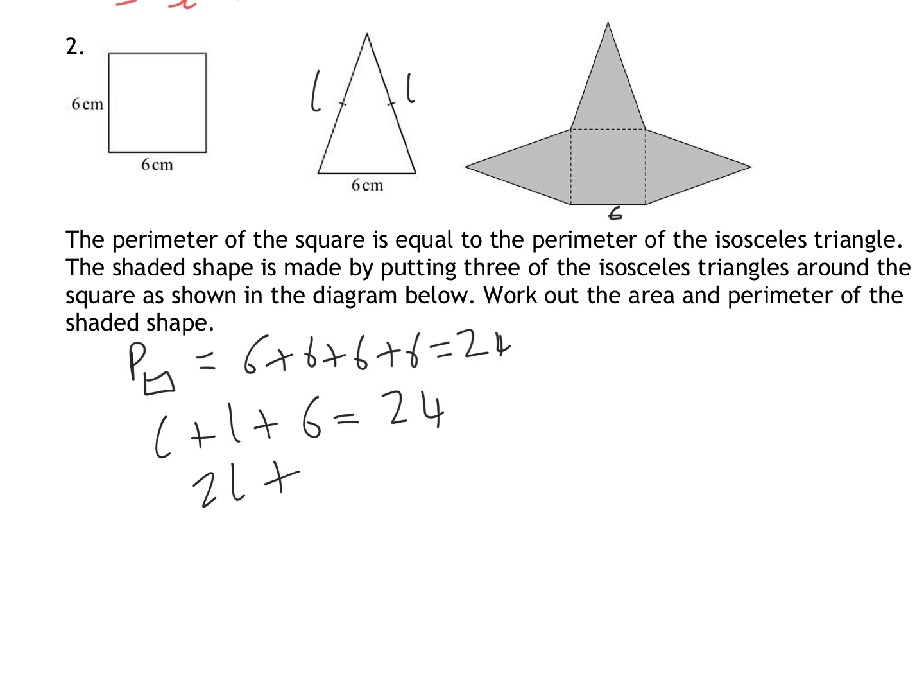Or 2L plus 6 is 24. In which case the two lengths should equal 18, or the length should be 9. So I can mark on the diagram these all to be 9.